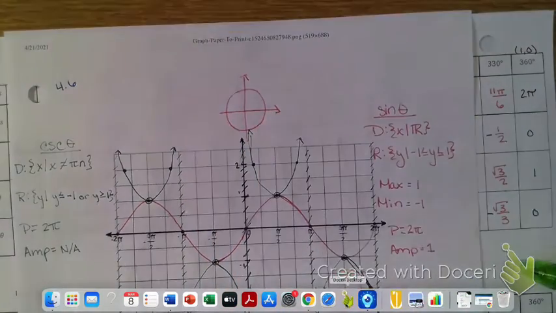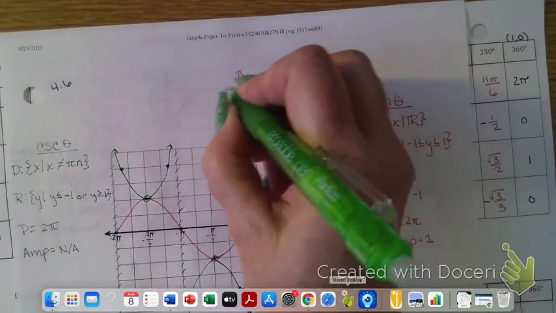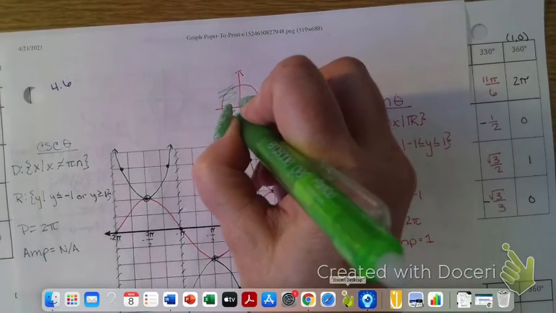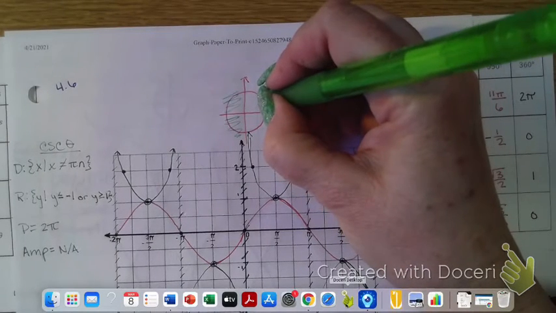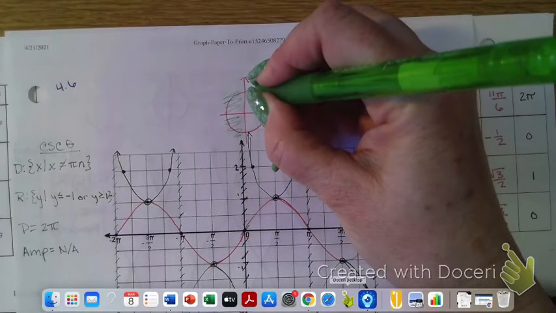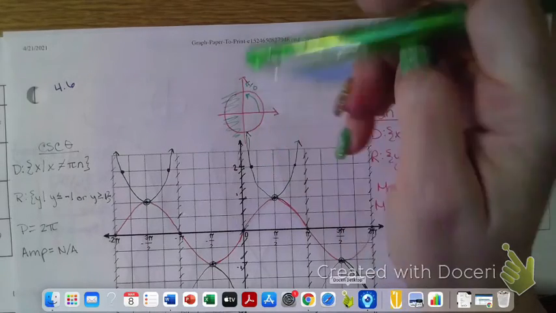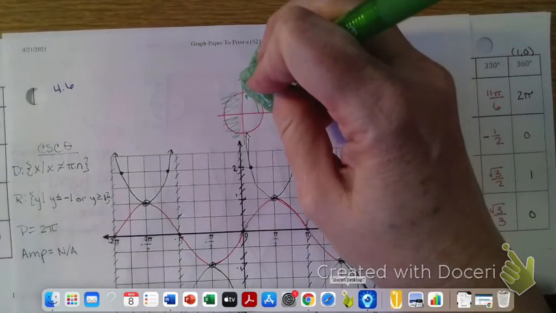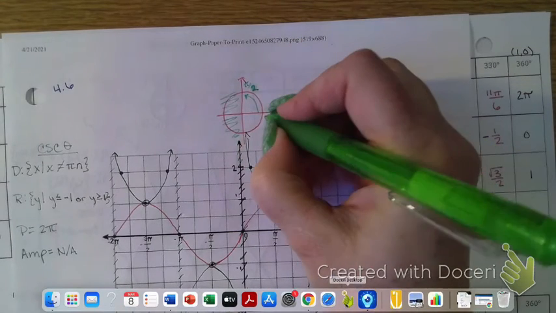I'm going to take and basically say this doesn't exist and this doesn't exist. So sine only is going to exist from 0 to pi over 2. That's a 2. I was thinking ahead in my process. And that's 0.